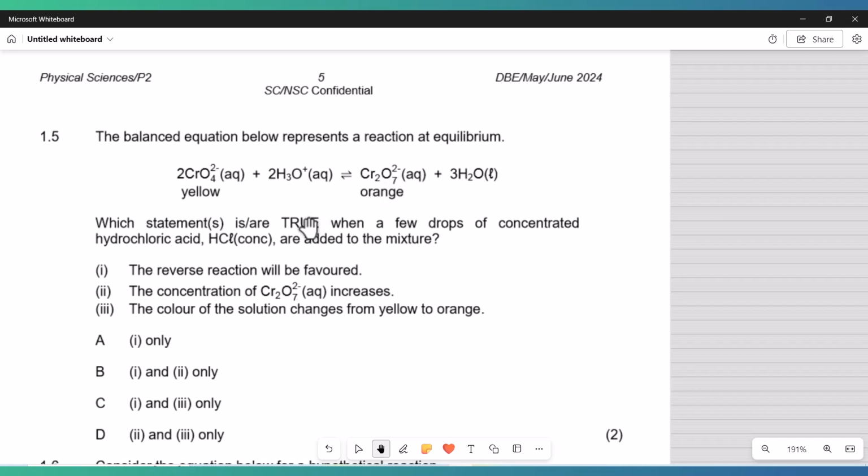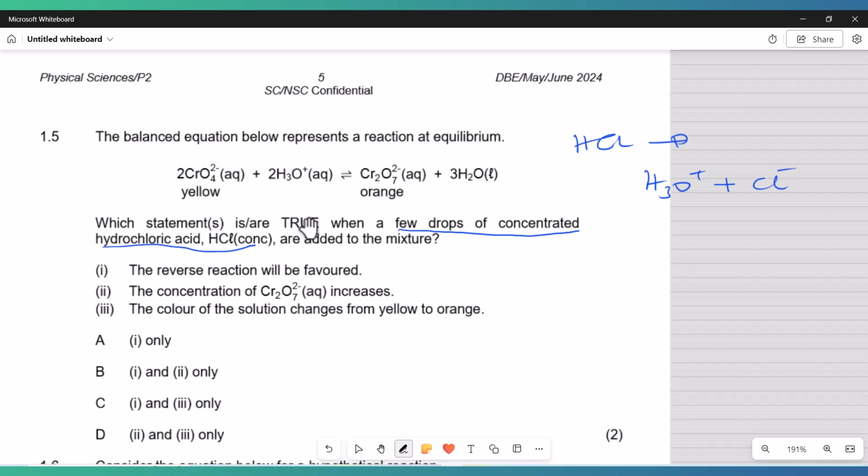Now what are we adding? We are adding a few drops of concentrated HCl. Now this HCl in solution, if you put it in water, it's going to give us hydronium ions and then chloride ions, okay.